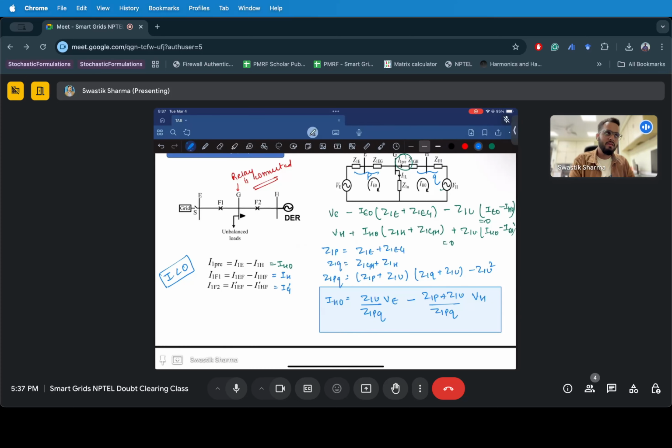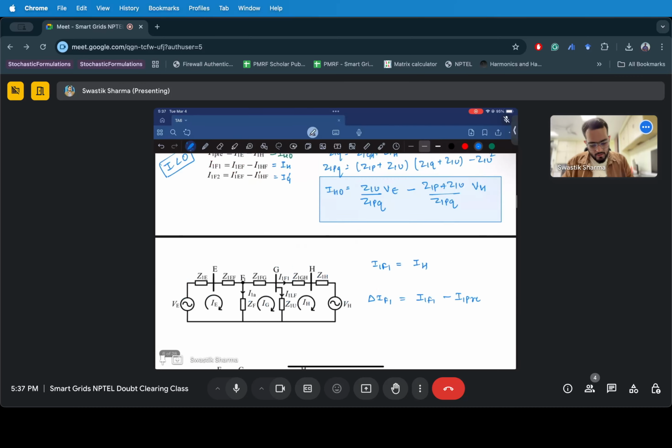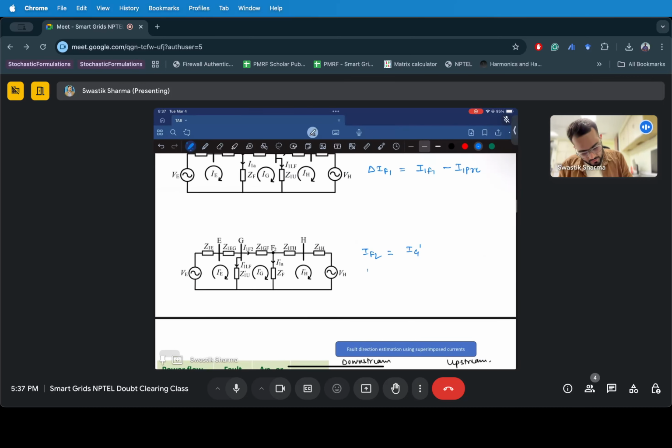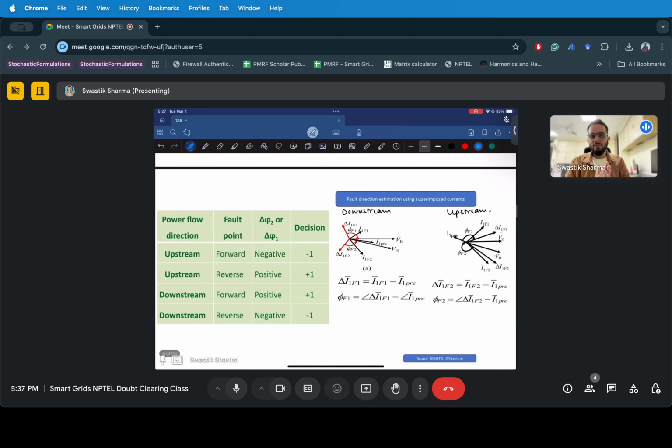Similarly, this will also be in polar coordinates, I1 F2 minus I1 pre. So you're superimposing your pre-fault condition onto your post-fault condition, and then checking how your magnitude and phase angle look.